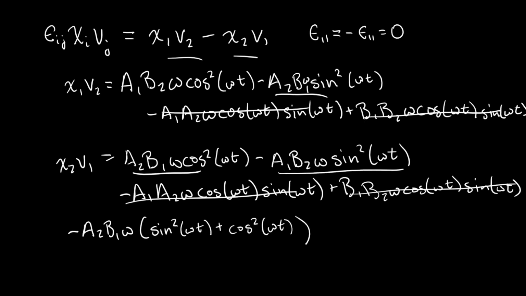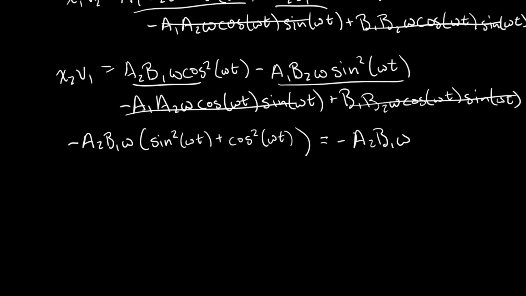And this term and this term are going to give me something similar, but switching these two indices, so a1 and b2. But we know that this here, just from trig identities, is equal to 1. And so this just gives minus a2, b1, omega.